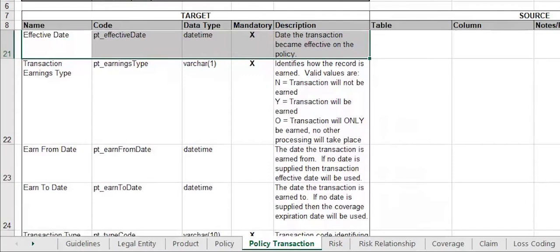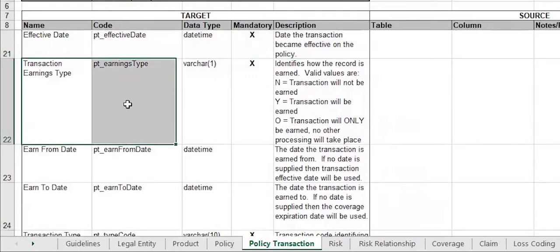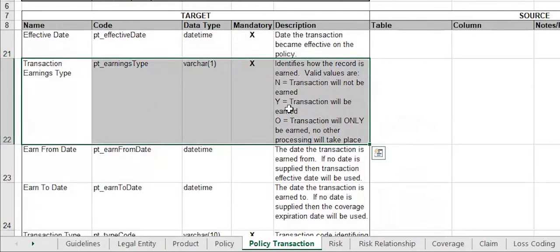Continuing down the Policy Transaction tab, in row 22 is the transaction earnings type. The transaction earnings type, if sent as a yes, tells Foresight BI this is a normal transaction, meaning earn it like a premium. If no is sent, it tells us to not earn this at all.